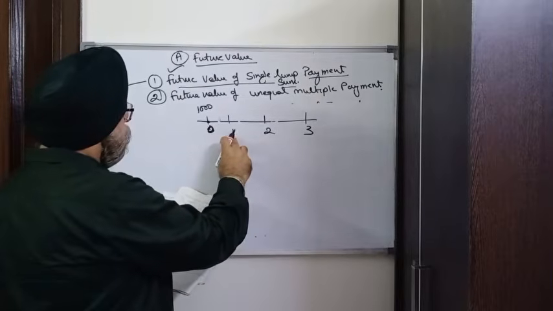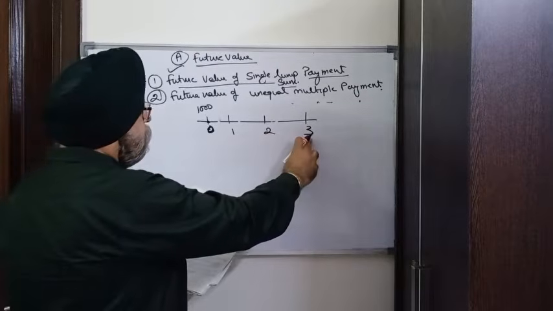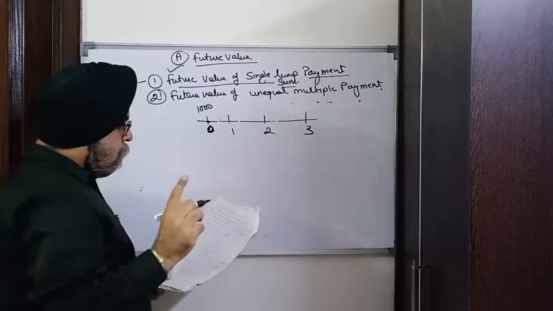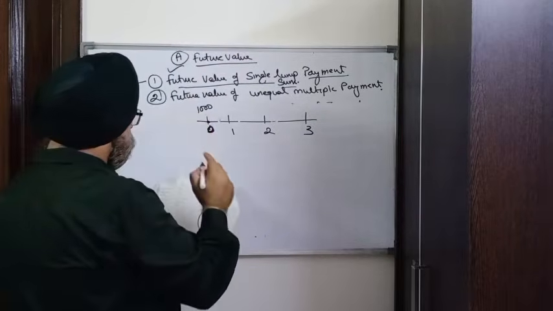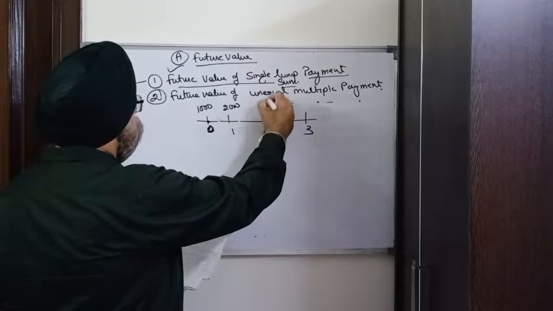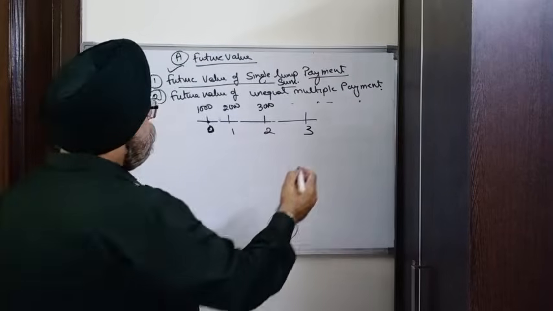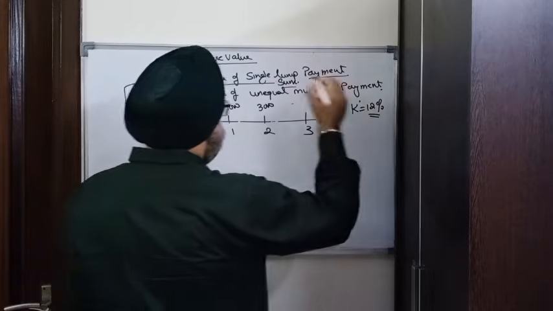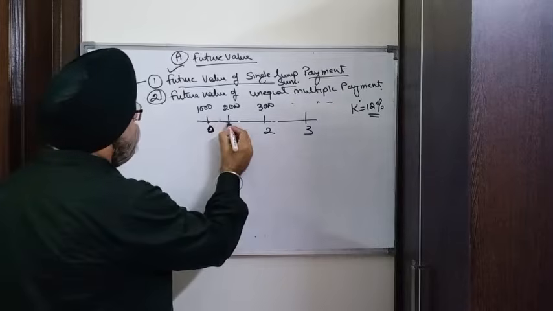From 1, the second year starts and ends at 2. From 2, the third year starts, and it ends at 3. So the investments are made in the beginning of the first year, the beginning of the second year, and the beginning of the third year. Now the percentage is given. K is given as 12%. Now please make a timeline.